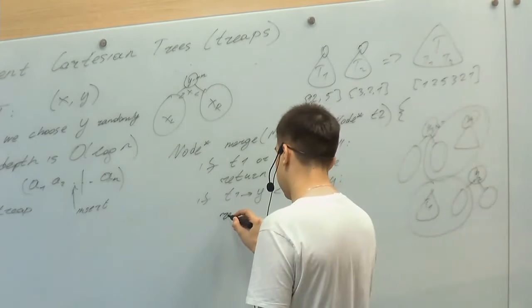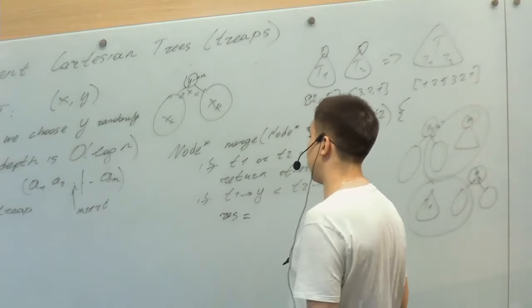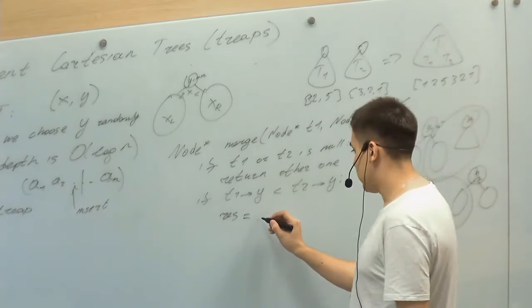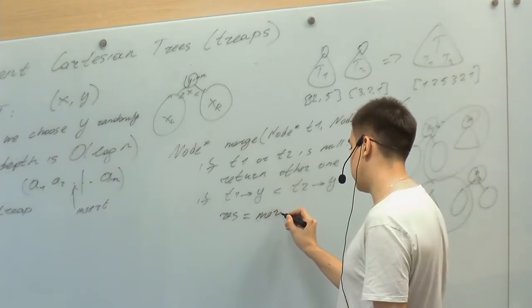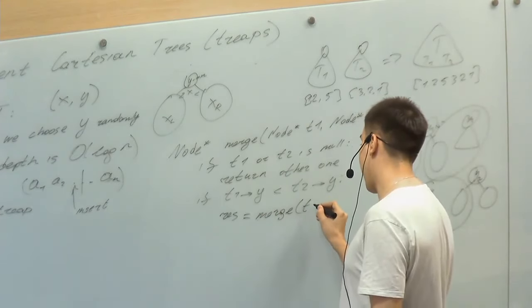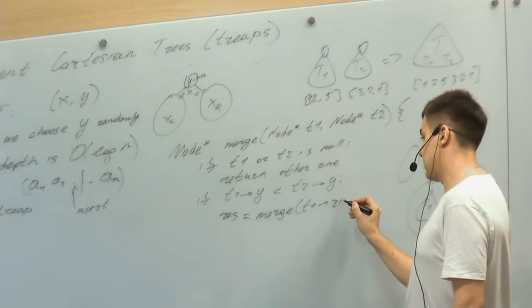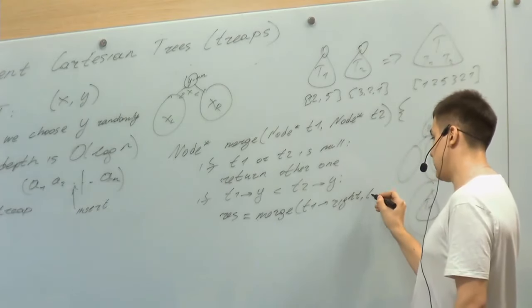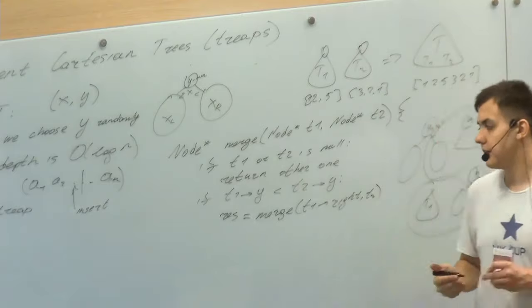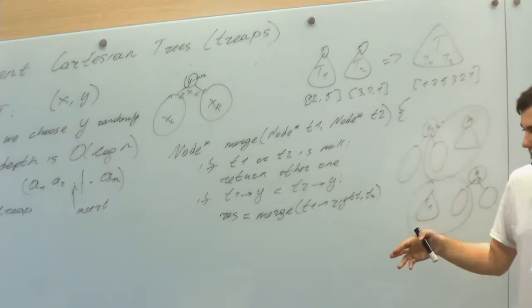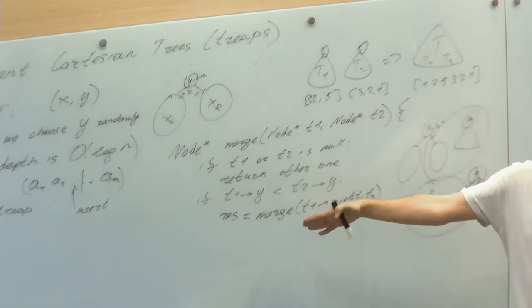So here I'll make the recursive call. So it's merge T1 right and T2. And now I want to replace T1 right with this result.